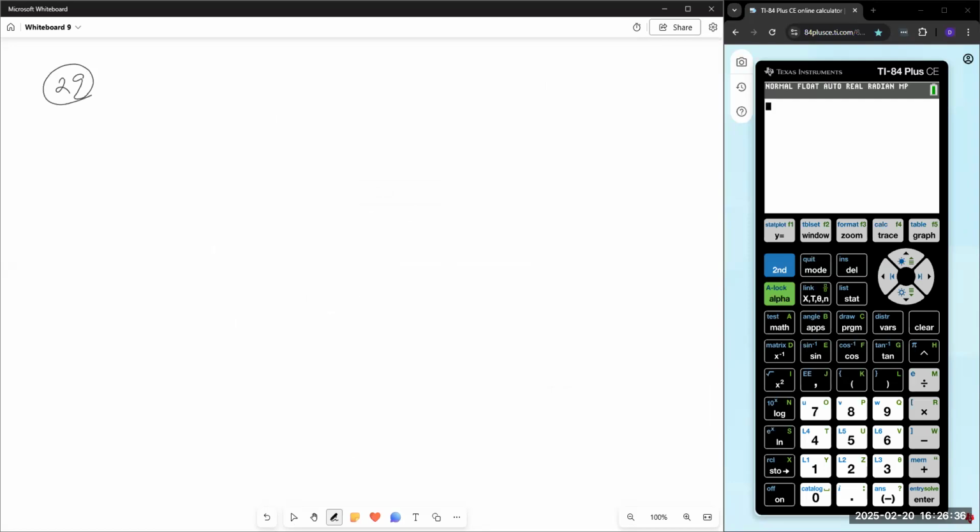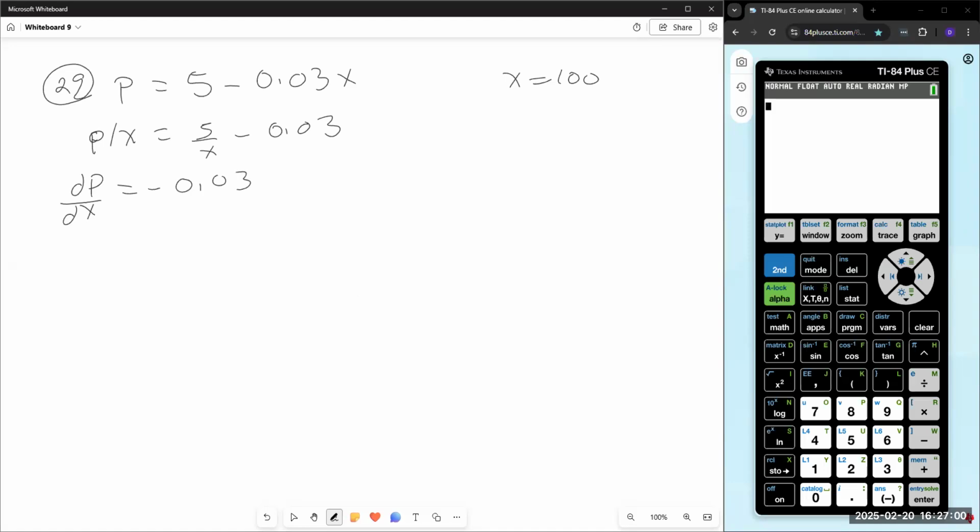29 says P is equal to 5 minus 0.03x. x is equal to 100. So P divided by x is 5 over x minus 0.03. And dP dx is -0.03.